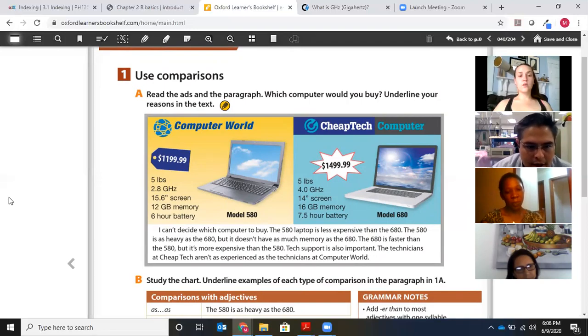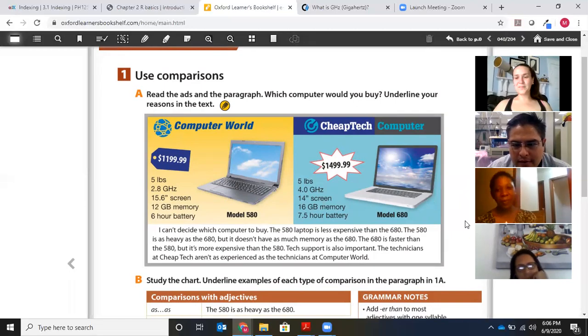Good. 12 gigabyte memory. 6 hour battery. And that is the model 580. Yep. 580. Okay. And then Rosalie, would you read this Cheap Tech computer, please?